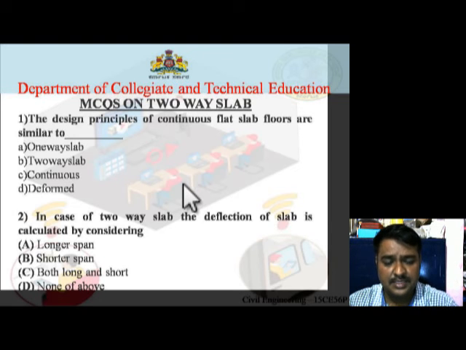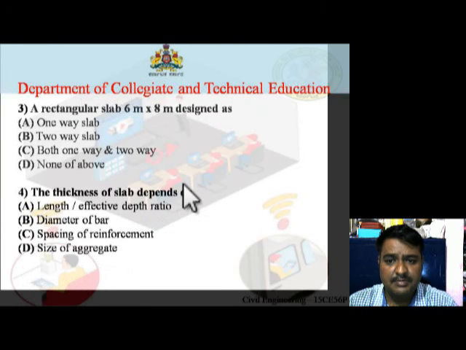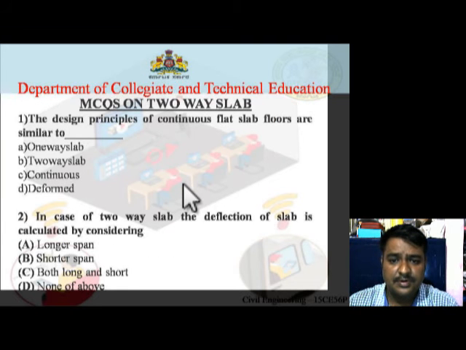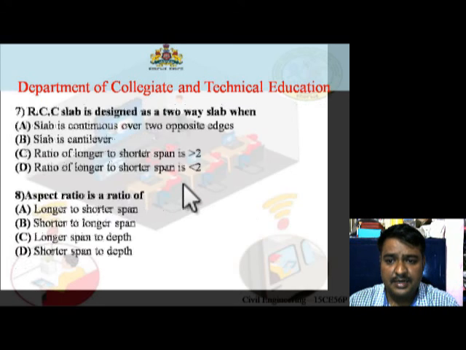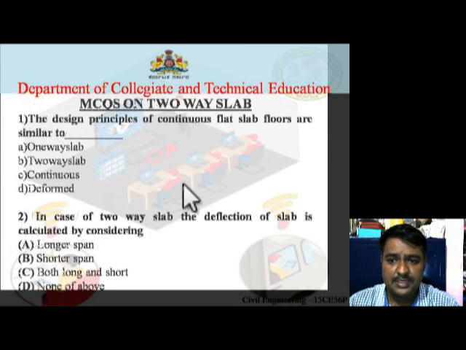So we shall discuss one by one. These multiple choice questions help you get knowledge about two-way slab in a better manner. So I have collected some 10 multiple choice questions. If you are interested, you can go through other online sources or textbooks to get these multiple choice questions.